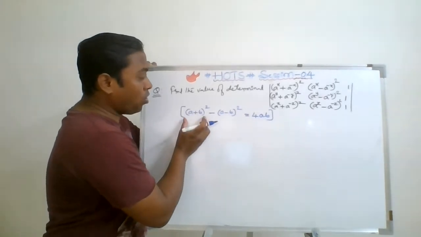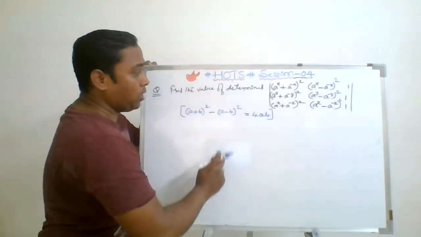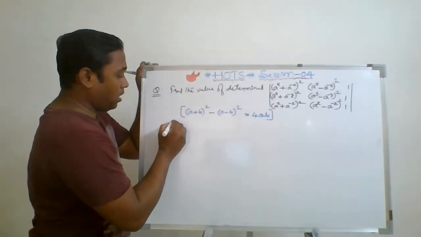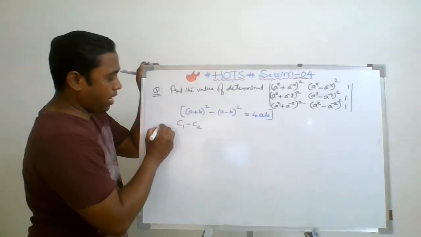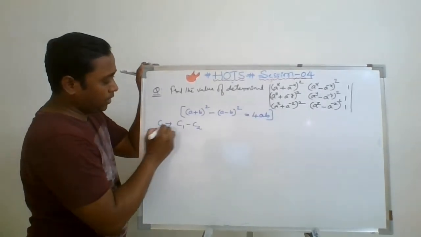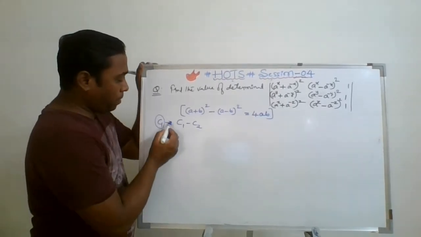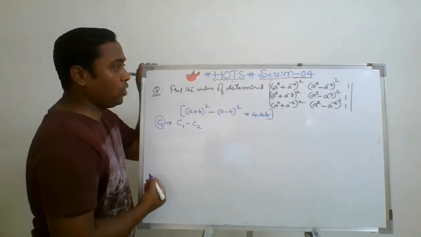So this is the factor from C1 and this factor from C2. I am going to apply the operation C1 minus C2, so C1 is going to be modified.